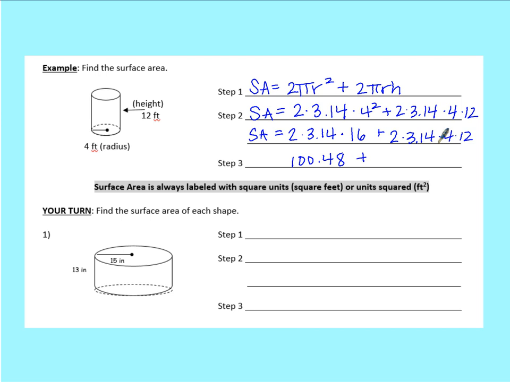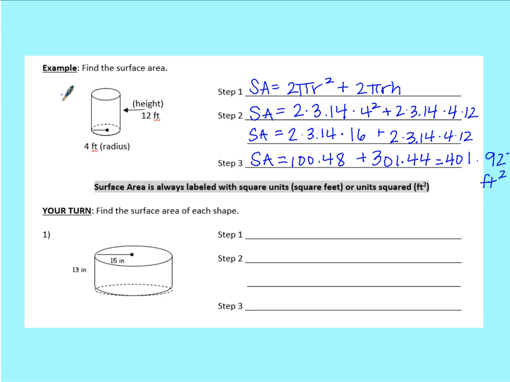The second part after the addition sign, this 2 times 3.14 times 4 times 12 is 301.44. That's our surface area, but we're not quite done. The last thing we have to do is add those two together. And when you do that, you get 401.92. And remember, that's feet squared for your area.